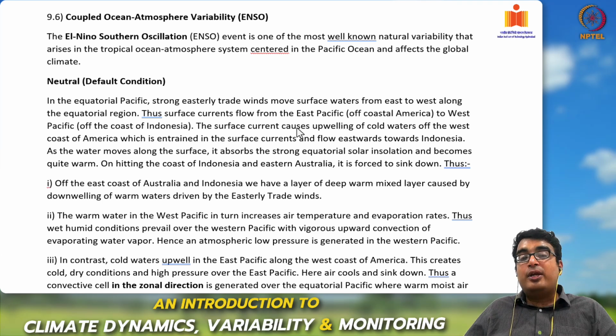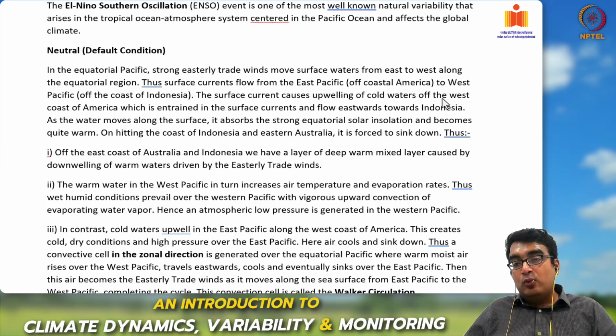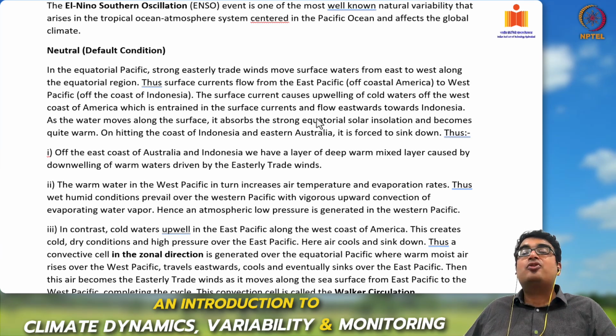The surface currents cause upwelling of cold waters off the west coast of America, which is entrained in the surface currents and flow westwards towards Indonesia. As the water moves along the surface, it absorbs the strong equatorial solar insolation and becomes quite warm. On hitting the coast of Indonesia and eastern Australia, it is forced to sink down.